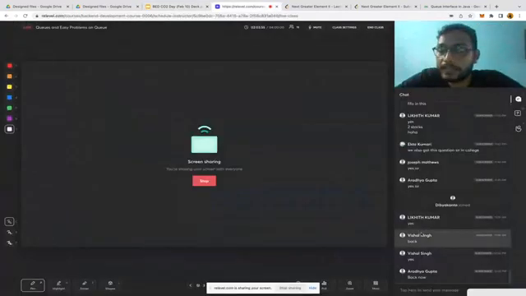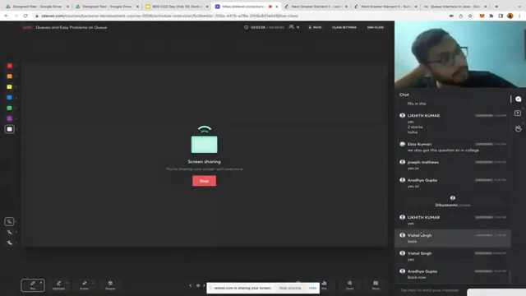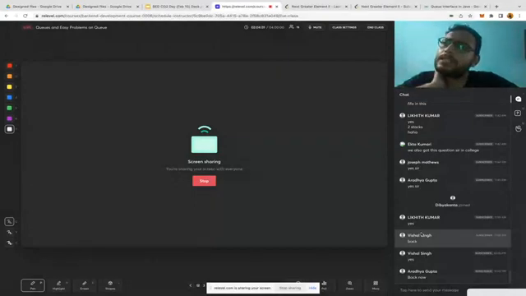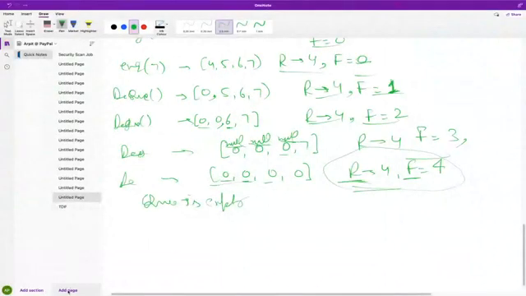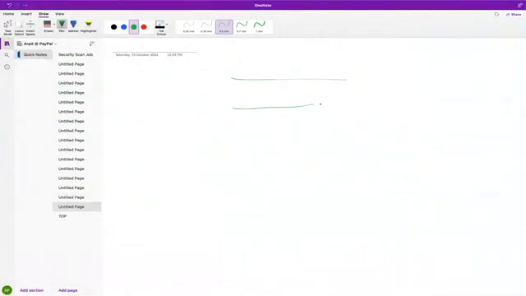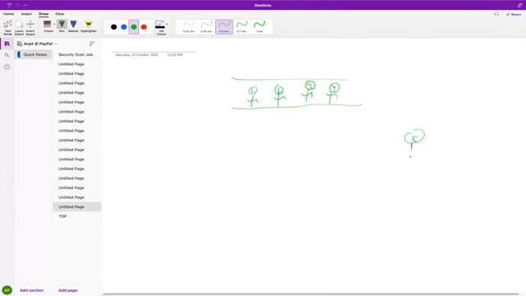I'm not sure about a real-life example for that. Do you guys think of any real-life example where we can insert from any place? See, the deque says if we have a queue like this, with person one, person two, person three, and person four, and a new person five comes, he could come from here also, and he can be inserted here also.